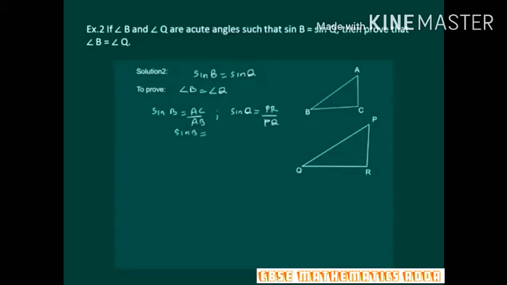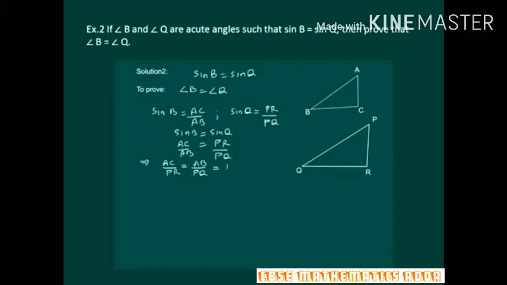Already given sin B equals sin Q in the question, so AC divided by AB equals PR divided by PQ. So here we obtain AC divided by PR equals AB divided by PQ.